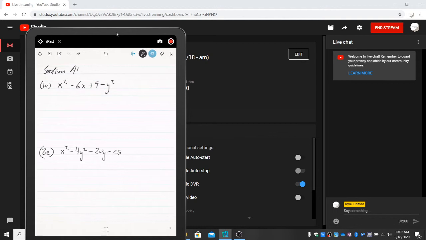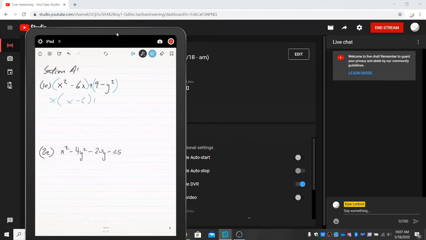Well, generally speaking, what you would do for a 4-term polynomial is grouping. And grouping would be where you try to put parentheses down around the first 2 terms and the last 2 terms, and you try to factor out the GCF of each, or you just try to factor each one down as best you can. So the first one, I could factor out the GCF of x, and I'm left with x minus 6.